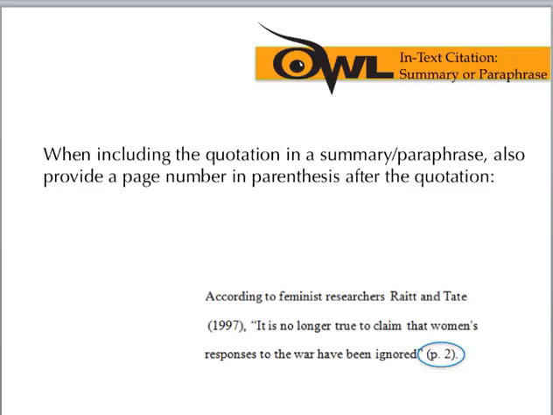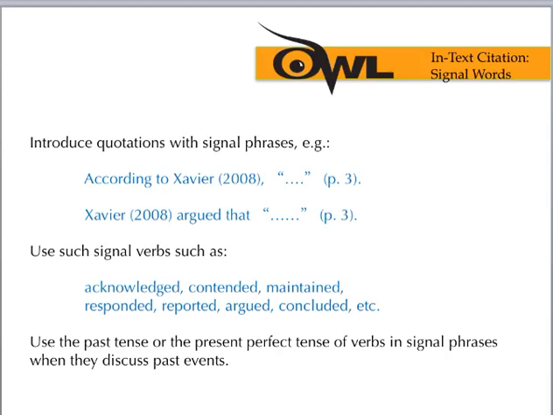And you can see here when you're including quotations, provide a page number after the quotation. So where exactly did you get it? According to feminist researchers Wright and Tate, with the year, quote, this is their quote, and then a page number in parentheses with a period. And here's some other examples.